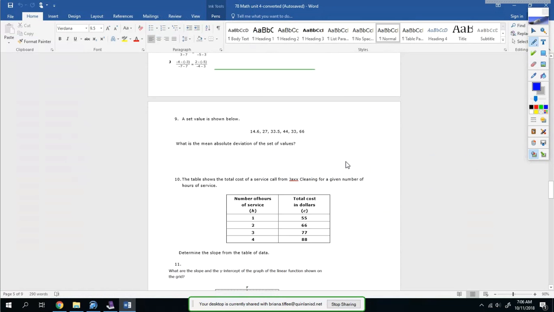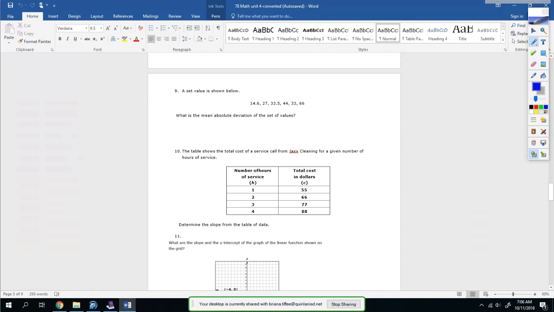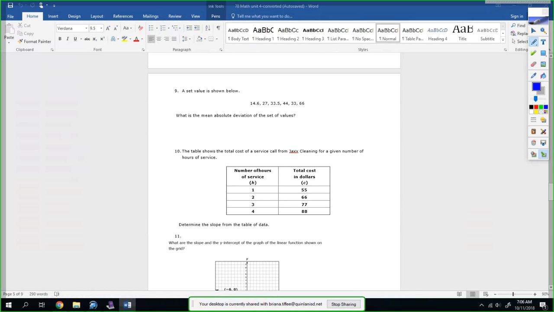All right, number 10. The table shows the cost of a service call from Jack's Cleaning for a given number of hours of service. Determine the slope. So let's find the rate of change. So this is X and this is Y. So that's 11 over 1, so it'd be 11 per hour of service.